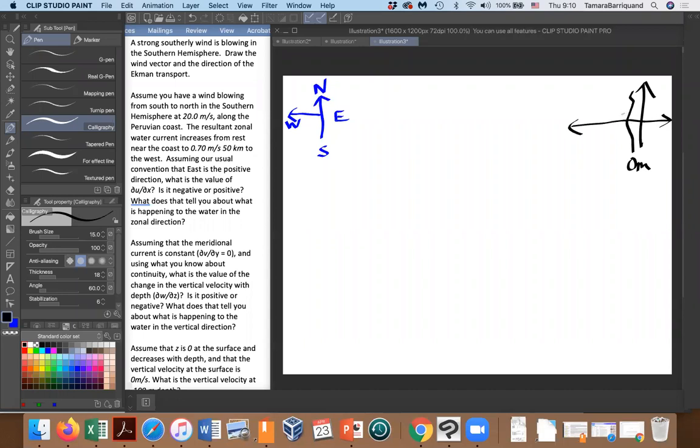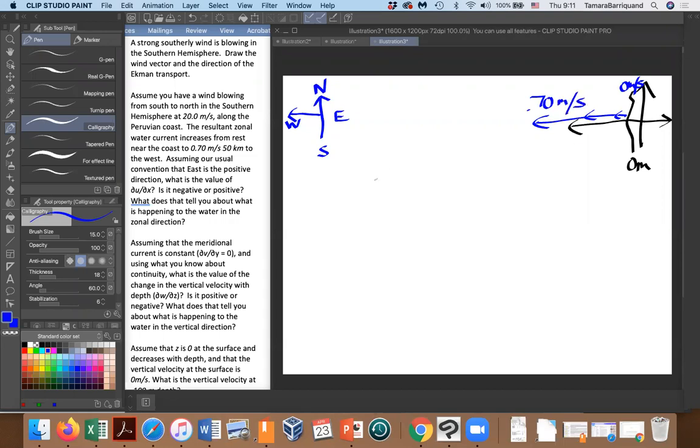All right, so right here at 0 meters per second, we'll have our water current be blue. So our water current starts out at 0 meters per second right along the coast, and then it starts to increase, so it gets bigger and bigger. And right here, it gets to 0.70 meters per second.